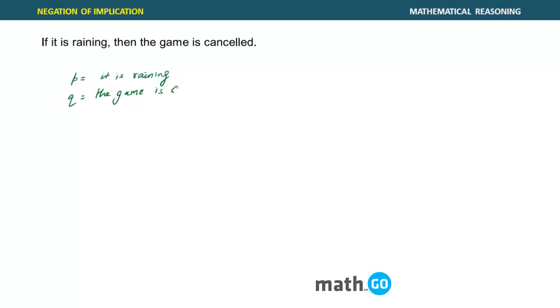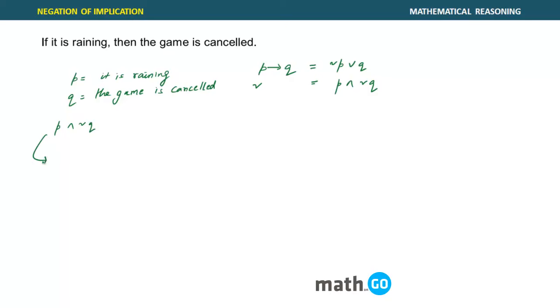They are expressed as an implication because it is given P implication Q: if it is raining, then the game is cancelled. We want the negation of this. What is the negation? Negation of this is P and negation Q. So your answer should look like this.